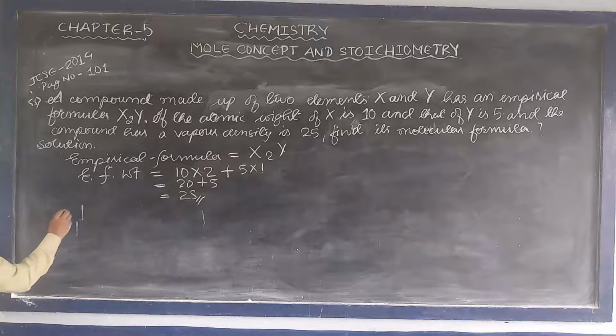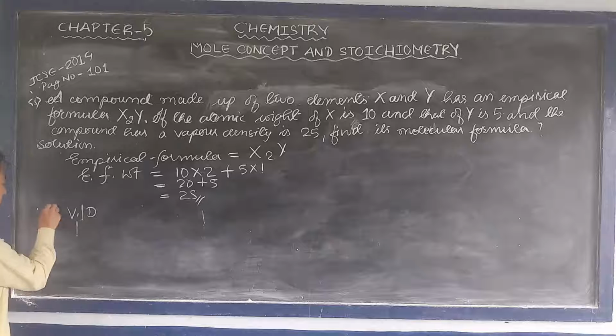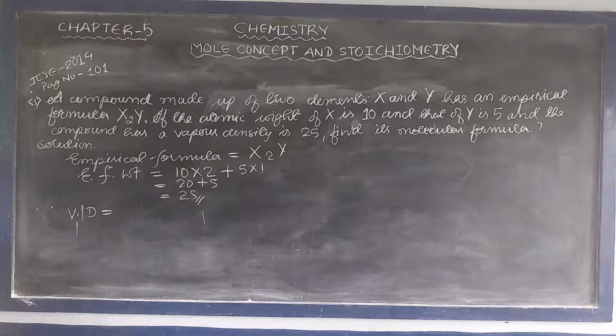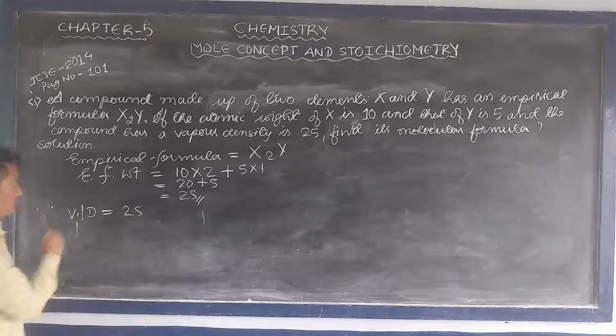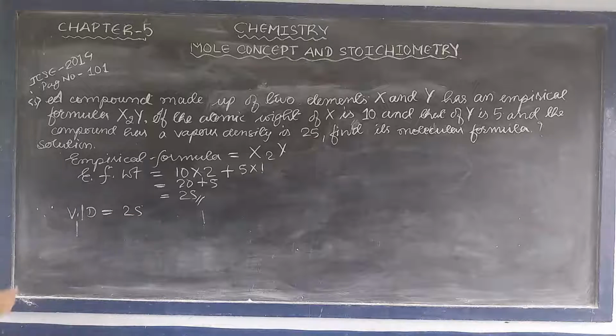Now the vapor density has been given. What is VD? VD is given as 25. What is the relationship between molecular weight and the vapor density? The molecular weight of the substance is equal to twice its vapor density.